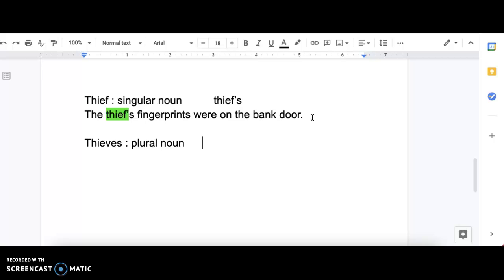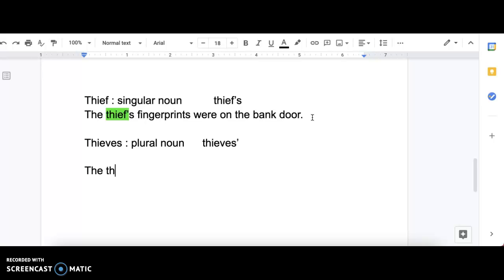Okay, thieves. If I was going to make it possessive, I would do thieves apostrophe. And I would just put the apostrophe at the end because it ends in an S and it's already plural. Thieves'.